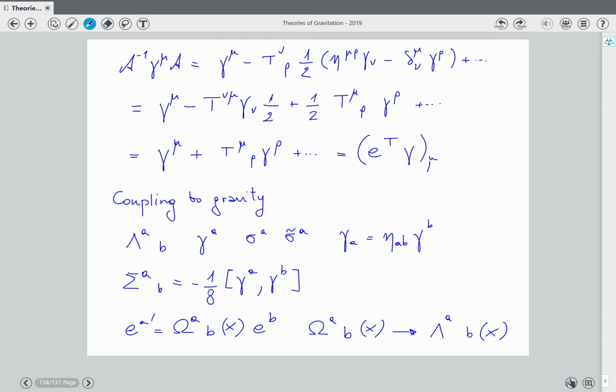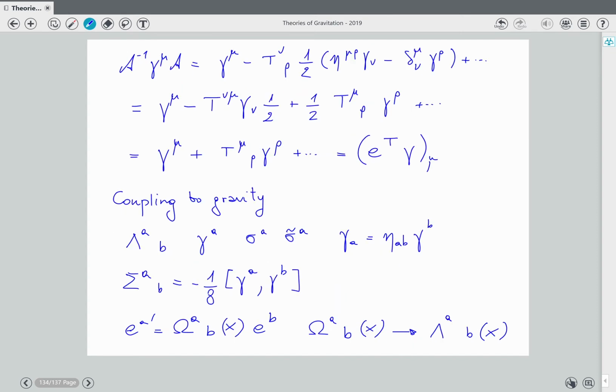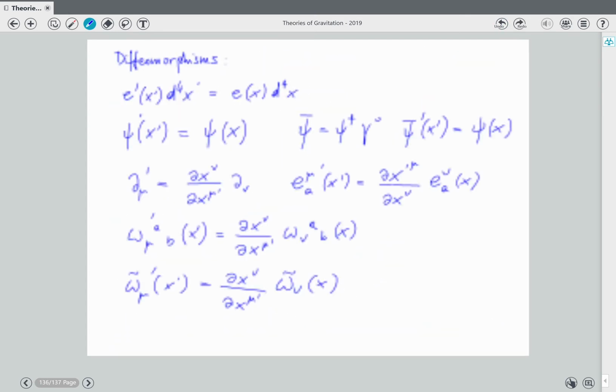So lambda is a local Lorentz transformation, and that means that if you have an object like, for example, E. So now we are considering these transformations, local Lorentz transformations. Perhaps it's better to repeat it.